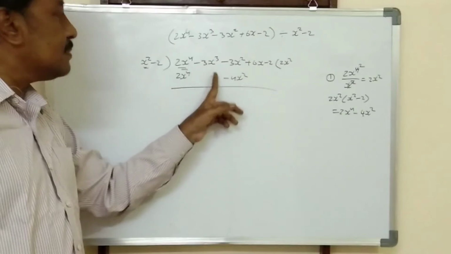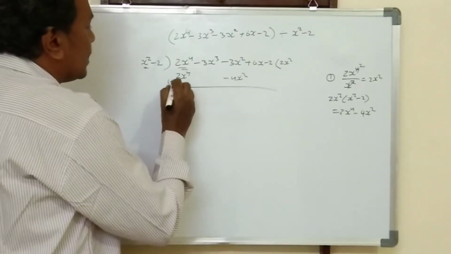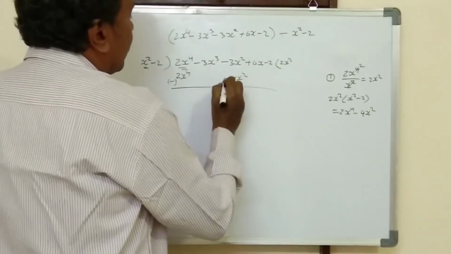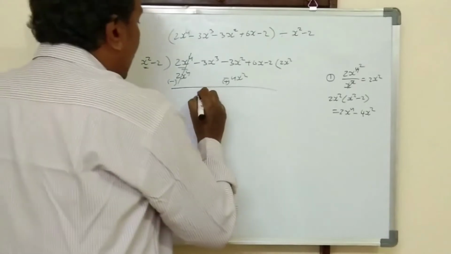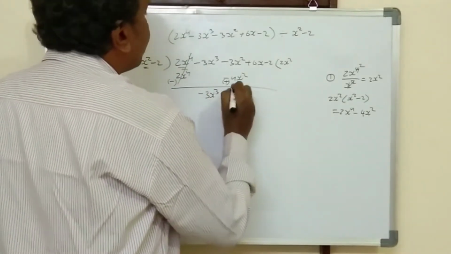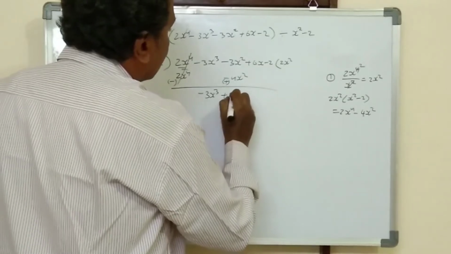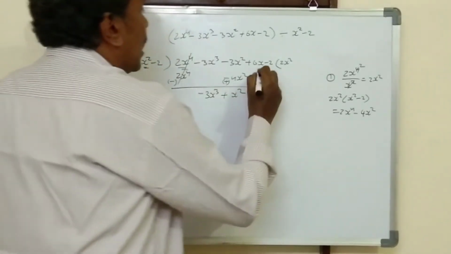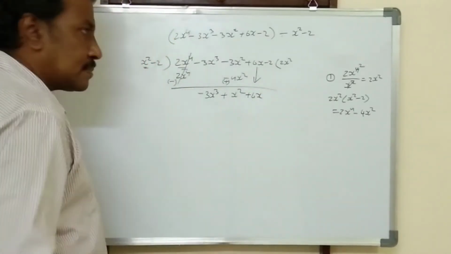This place is empty. So as usual, minus, plus cancels, minus 3x square plus 4x square becomes plus x square. Now take down the next term, that becomes plus 6x.